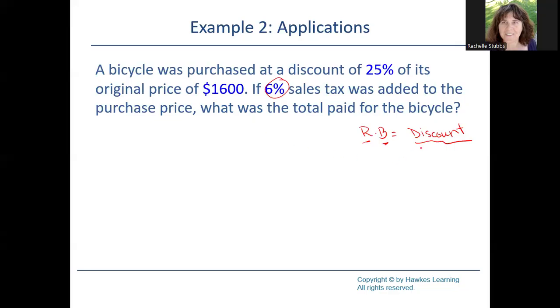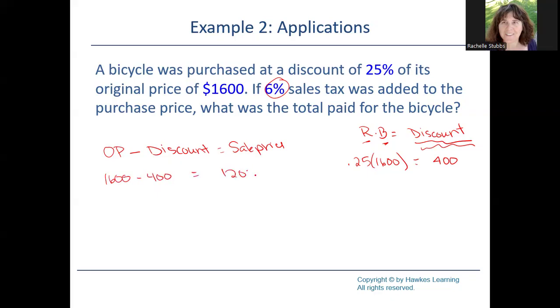First of all, we need to discover what is the discount. Well, that would be 0.25 times 1,600. And I already told you that that was $400, right? Then you take the original price and you minus the discount, and that will give you the sell price. So we take our 1,600 and we minus the 400, and that gives us our 1,200.